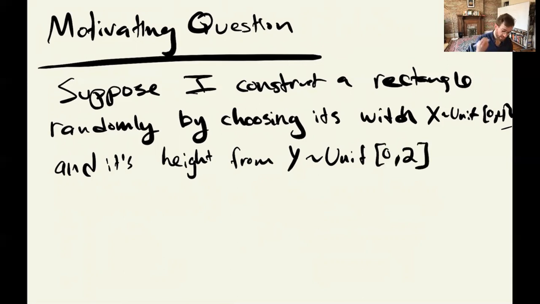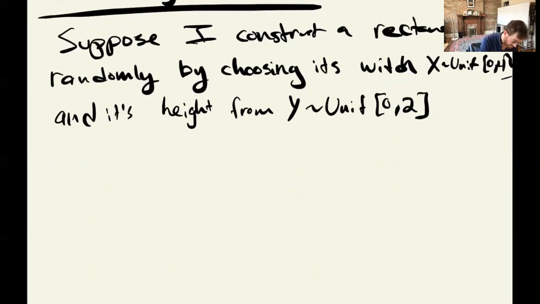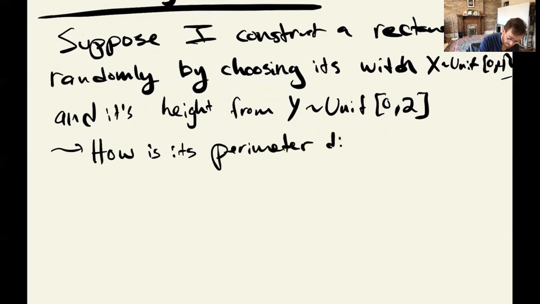So once I construct this rectangle, I'm going to be interested in the following questions. How is its perimeter distributed? What is the expected perimeter?